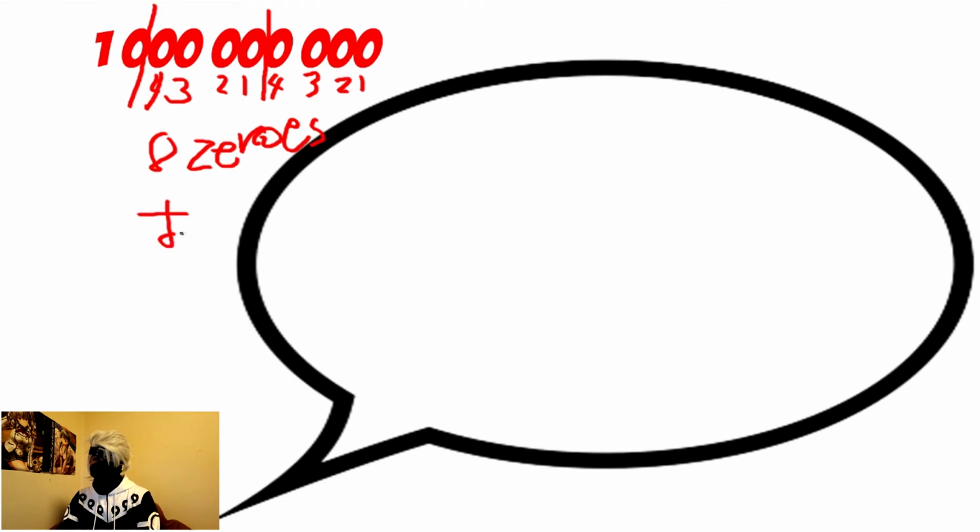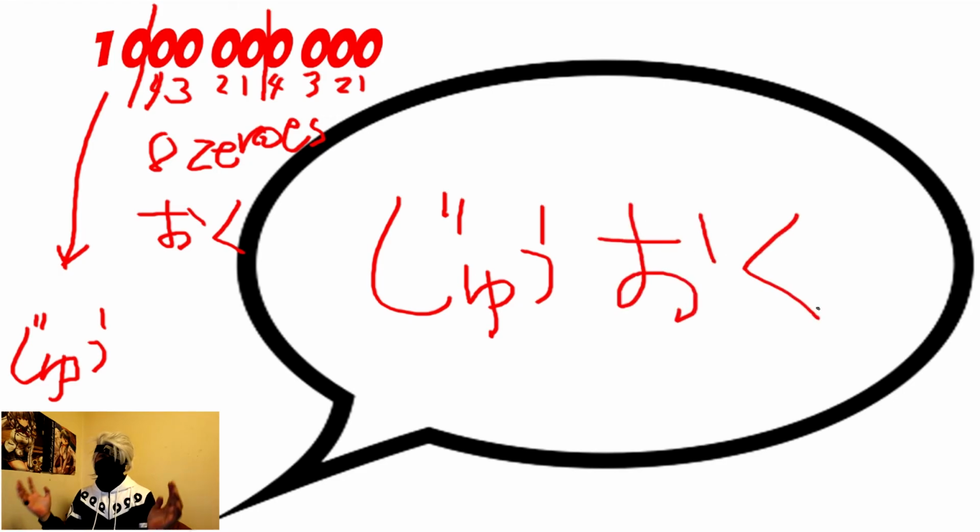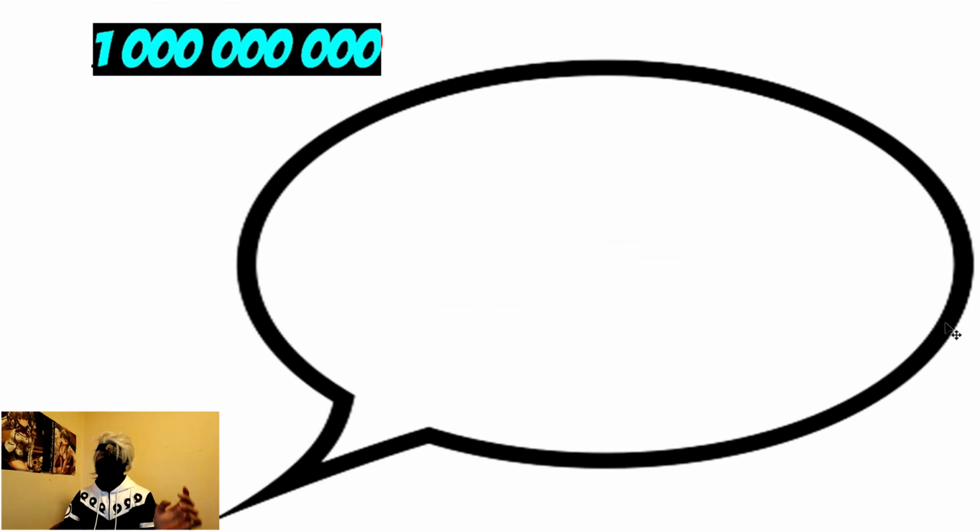That's oku. So you will read this one. That's ju. So therefore that's ju oku. Simple.